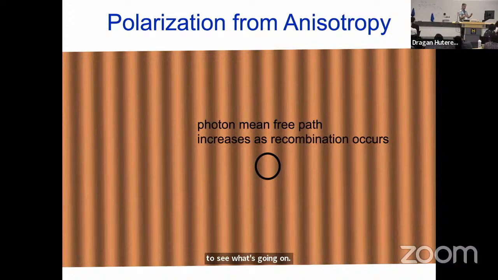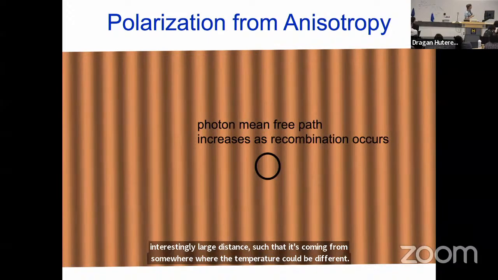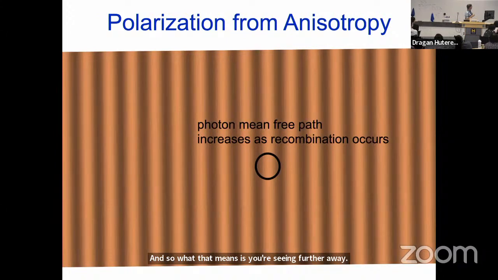As recombination is happening, you're now at some single point, and you're receiving light that's gone some interestingly large distance, such that it's coming from somewhere where the temperature could be different. And so what that means is you're seeing further away. So some electron that's right there will start to see an anisotropic radiation field.